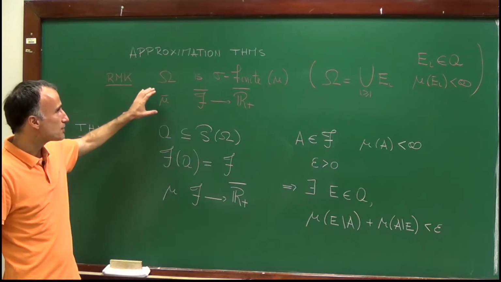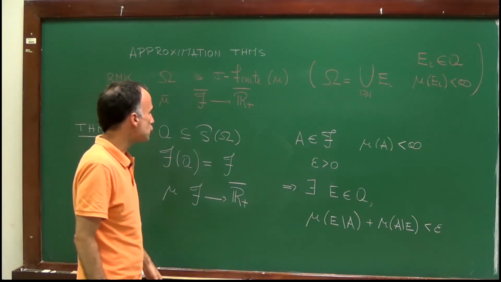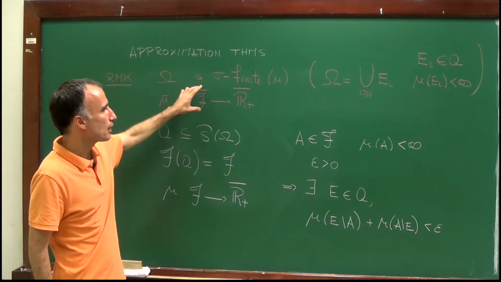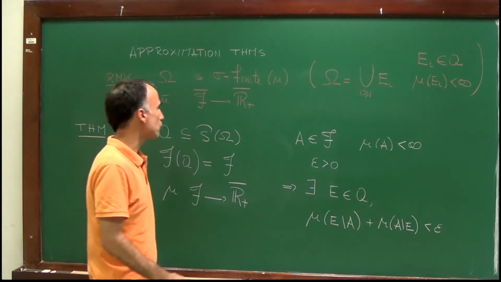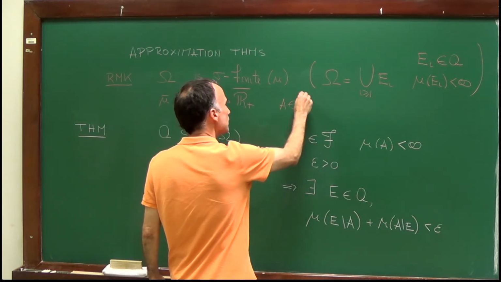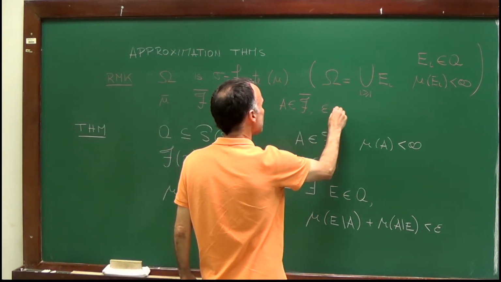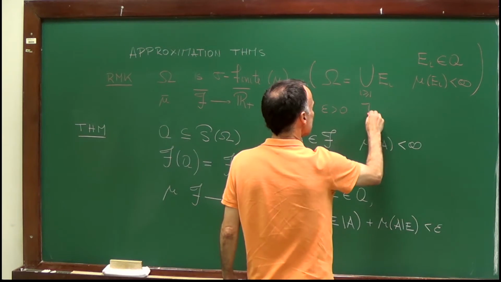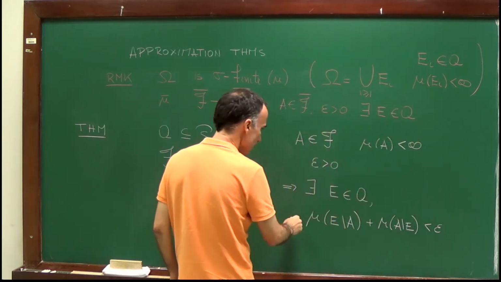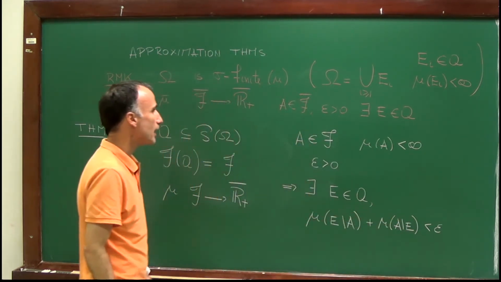Well, what I claim is that the same proof I just presented shows that in fact you can approximate any set in this sigma algebra by a set of the algebra. So if you fix now an element of the completed sigma algebra F bar, and you fix an epsilon, you can always find a set E in the algebra with the property that the measure of the symmetric difference is bounded by epsilon.